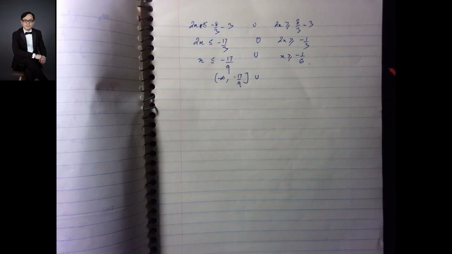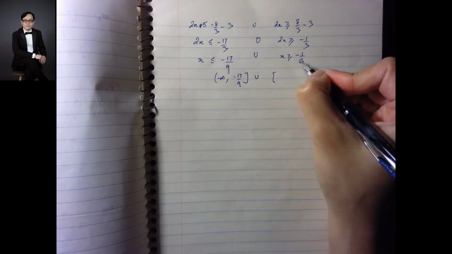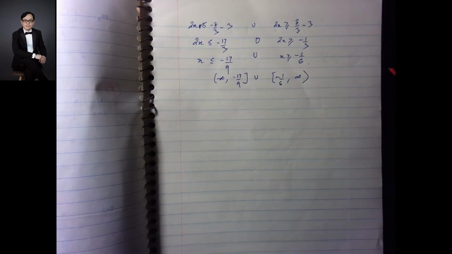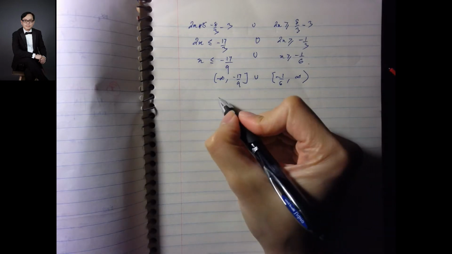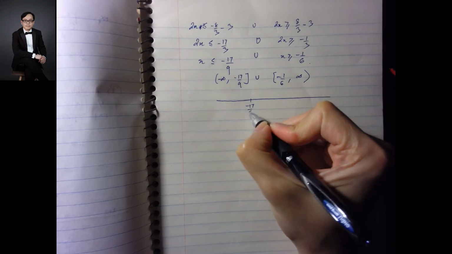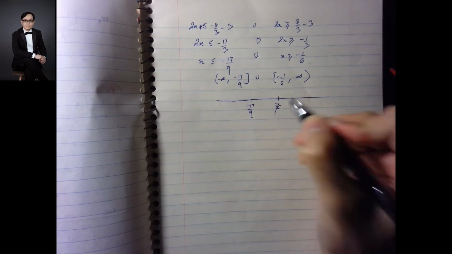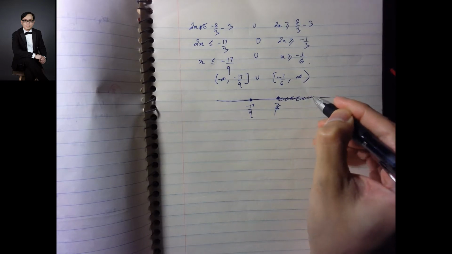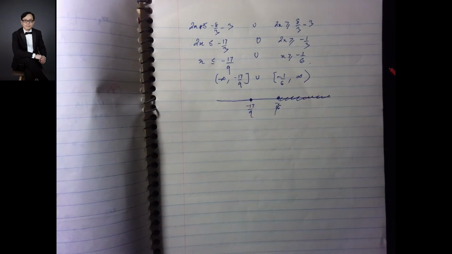Then a bracket at negative 1/6 to positive infinity. And we can graph the solution on the number line: negative 17/9 and negative 1/6. So it's going to be here, here, greater than on the right side and less than on the left side.